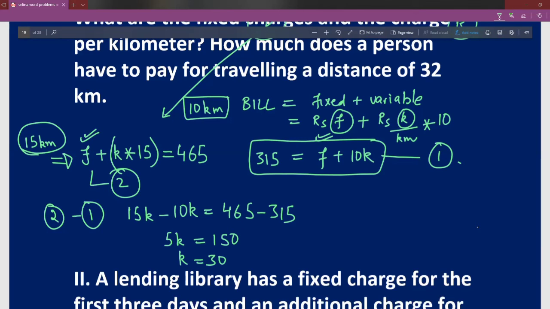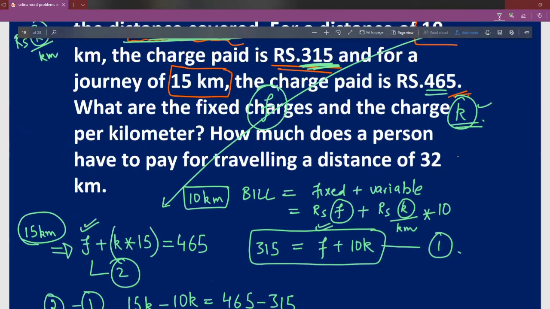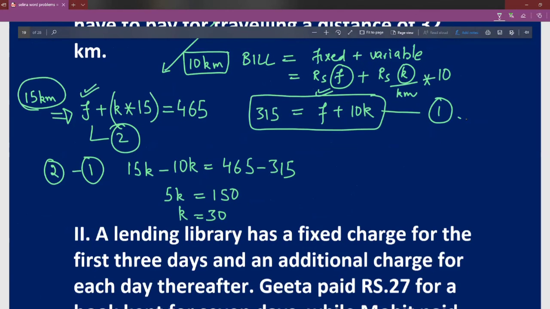Now this K is the charge per kilometer. This is rupees per kilometer. Once I have K, I can calculate the fixed charge. Fixed charge, I can use this equation.